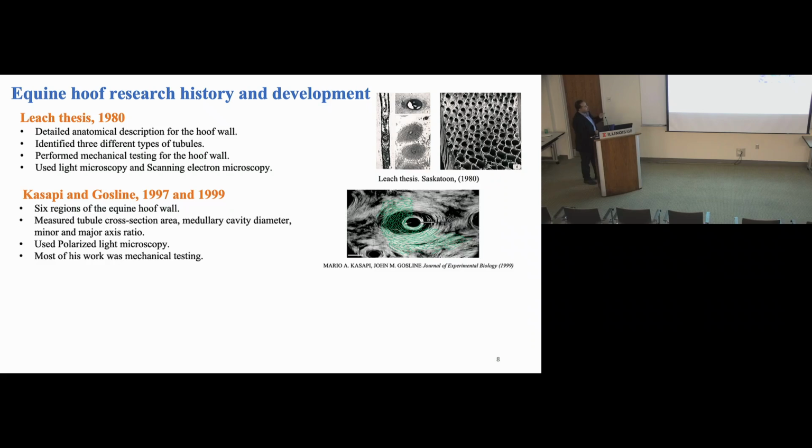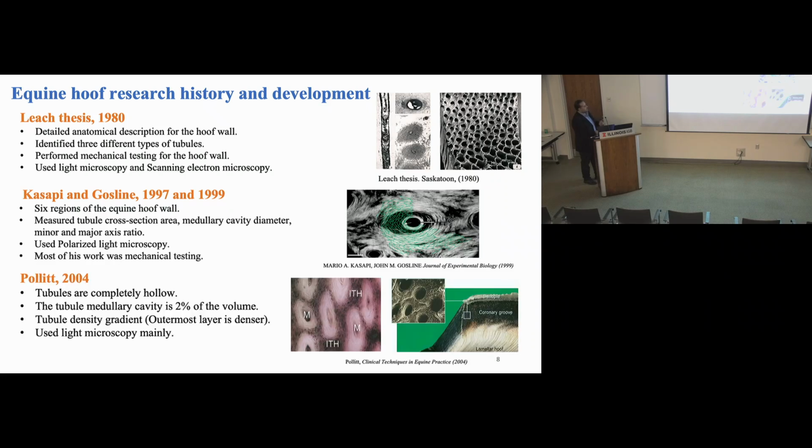And then this guy came after him. He proposed that the tubules I mentioned before are completely hollow, which we will try to see if this is true or not. He also said that the tubule medullary cavity, this empty area here, is around 2% of the whole volume of the hoof.